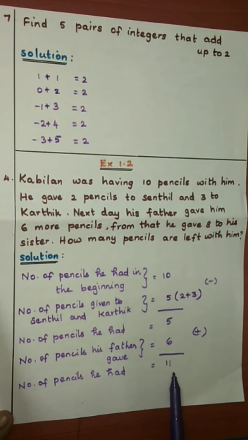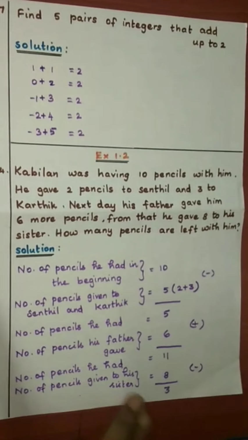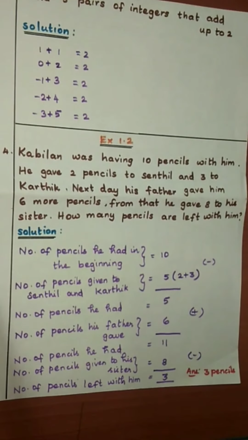So from 11 pencils, he gave 8 pencils to his sister. After giving 8 pencils to his sister, how many pencils are left with him? How to find? Subtract 8 from 11. So 3 pencils are left with him. So answer, 3 pencils were left with Kabilan.